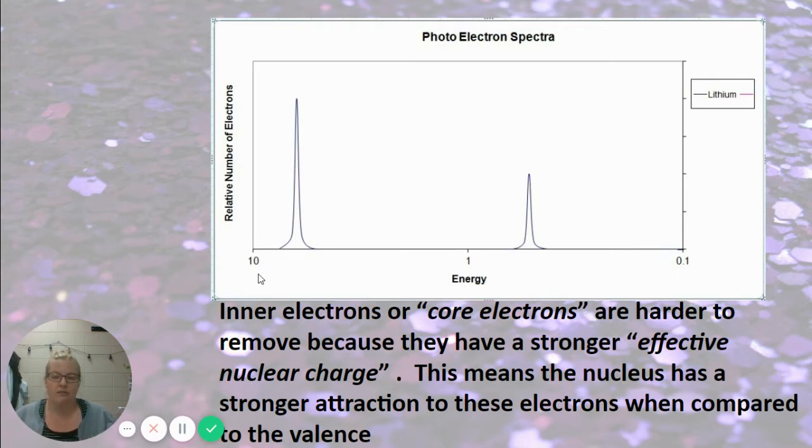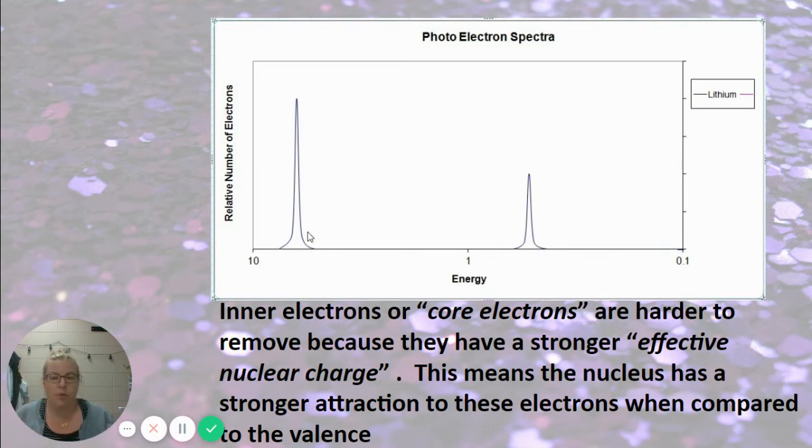The highest value on your graph is going to end up being the electrons that are closest to your nucleus. So since this has a value of, I don't know, in the neighborhood of 8, and this has a value of less than 1, I know that this peak here is going to be my electrons closest to my nucleus because it's got the higher energy value. This is going to be my lower energy value down here, the one that's below 1.